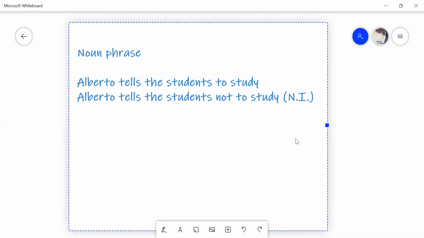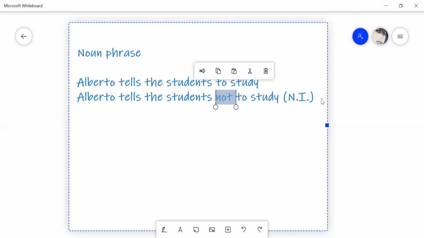Now, don't get confused with negating the main verb, because remember, here we have two verbs. We have the one that is conjugated, which is tells, and we have the one that is not conjugated, which is to study, right? If you are going to put the sentence in negative infinitive, you have to put not in front of the infinitive.